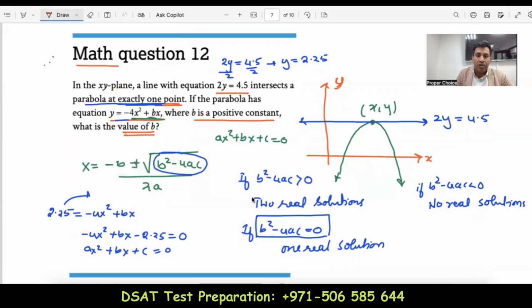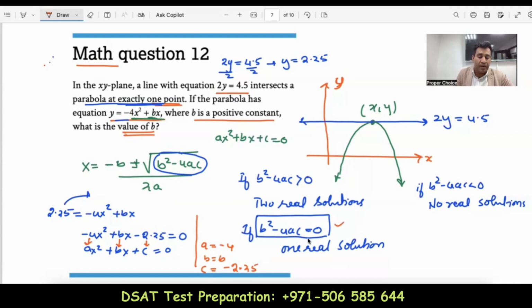What is the value of a? The value of a here is negative 4, because the coefficient of x square is a. In the place of b, we have b itself, and the value of c is negative 2.25. Knowing all this, substitute into the formula.